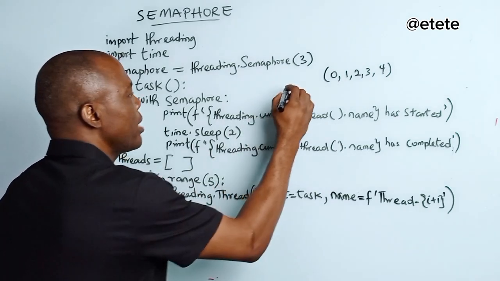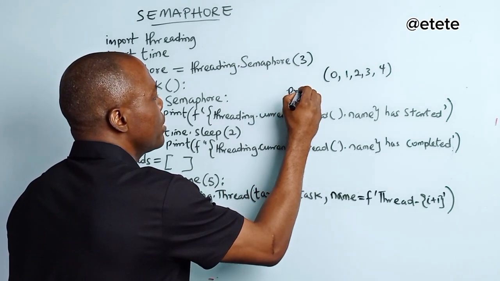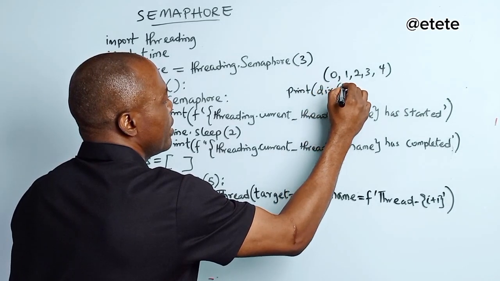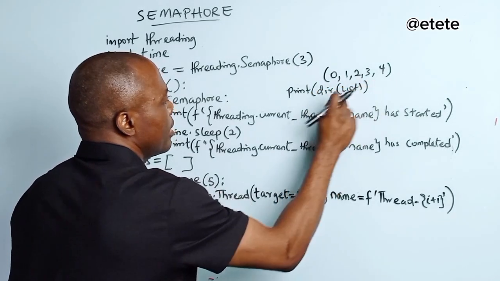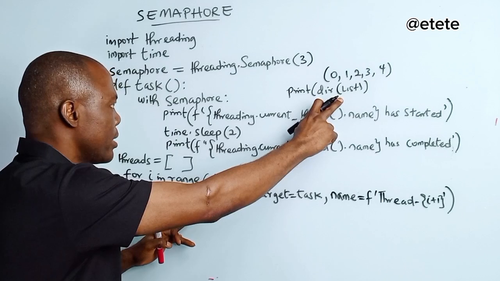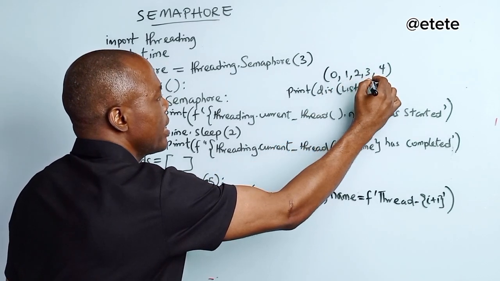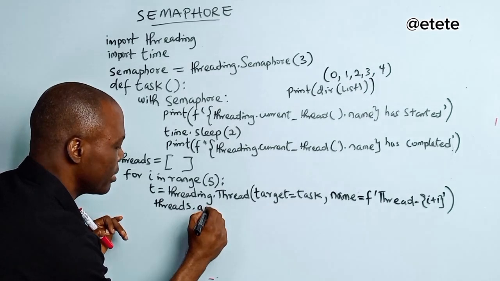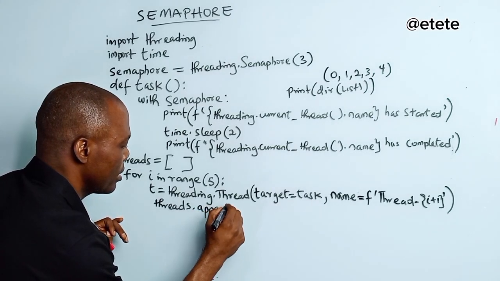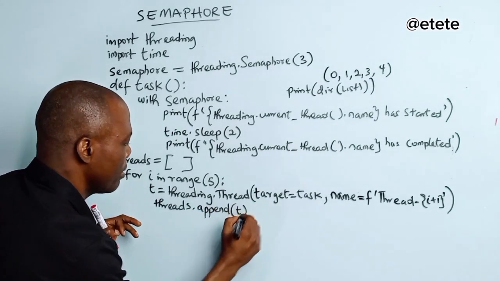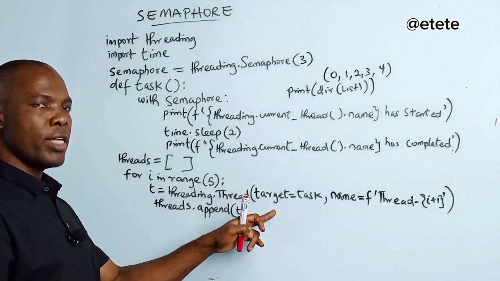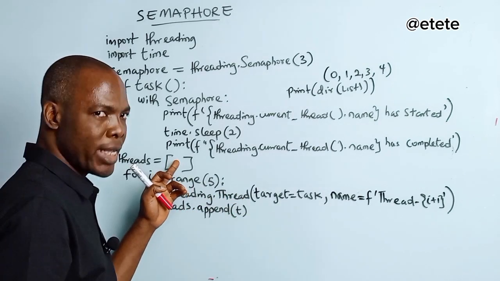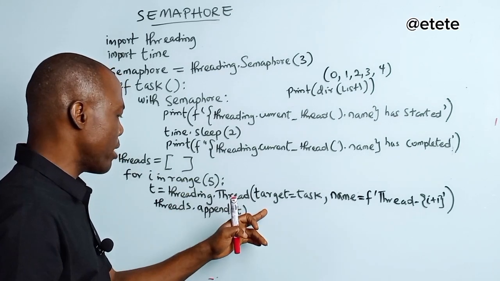I told you that if you do print dir and then list, you will see all the methods that are inside this list. So the append t. Once you create the thread, you copy that thread into this place. You are populating the camp with the thread that you are going to create.